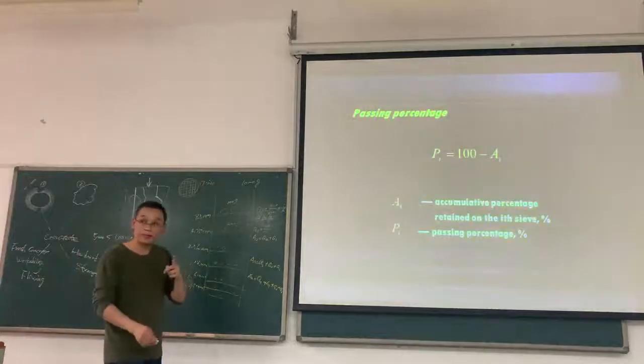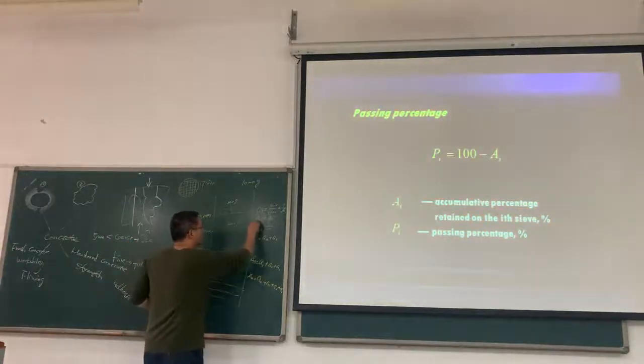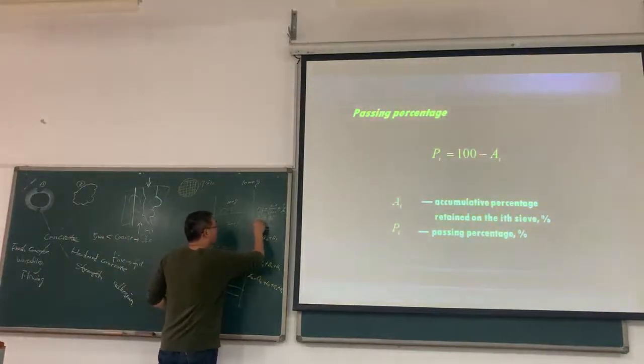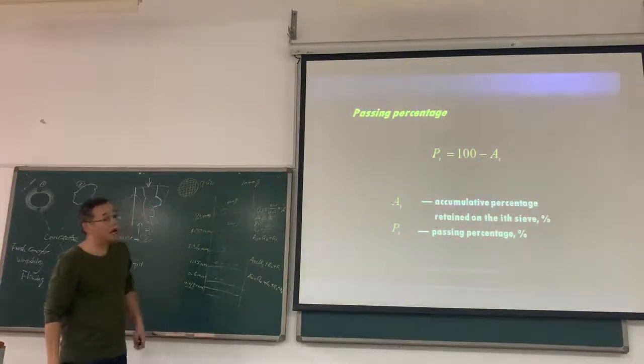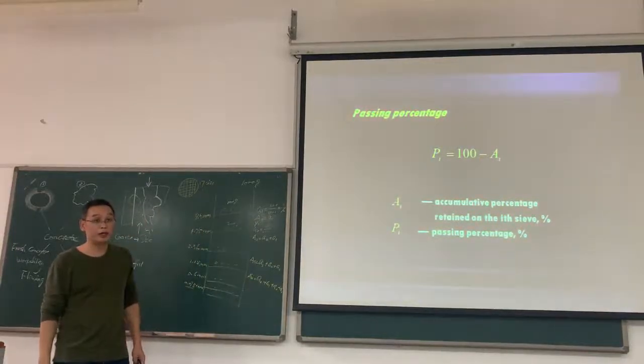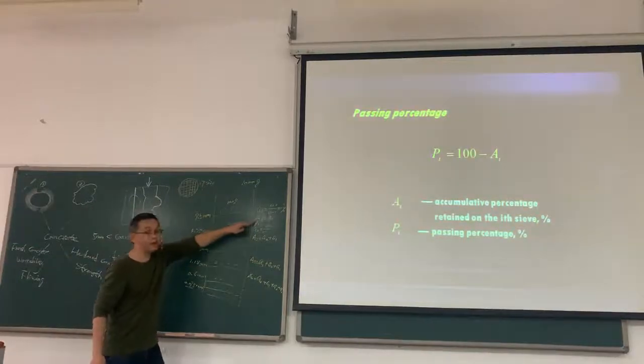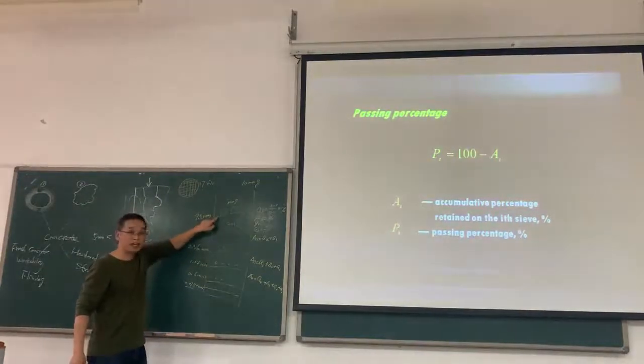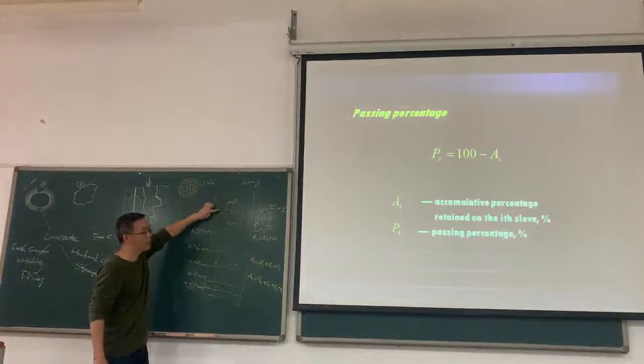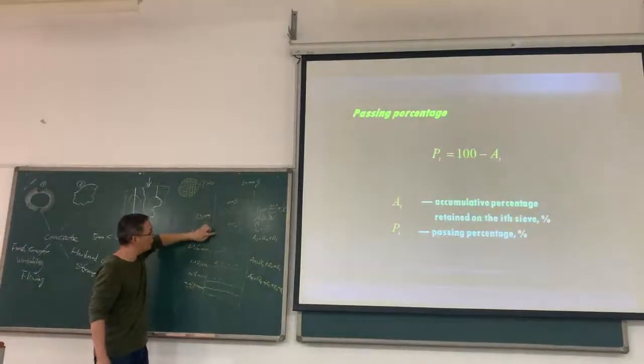The last one is the passing percentage. The accumulative percentage retained means what is retained here, and here and here. For this one, it is retained here, here, and here.